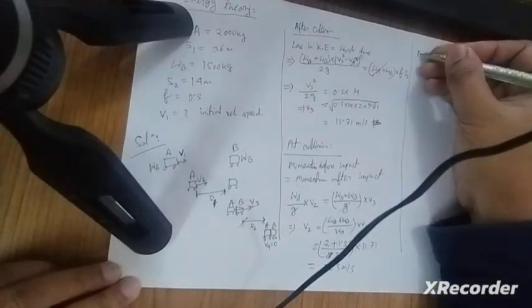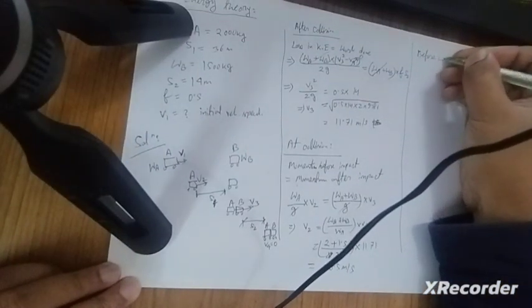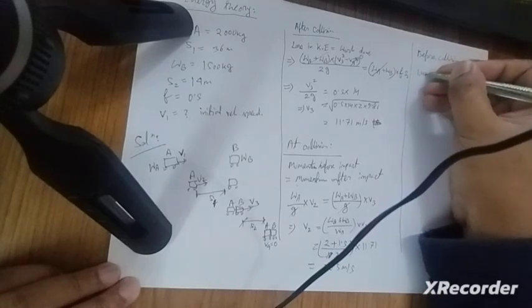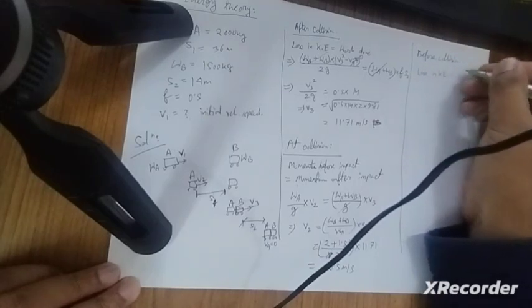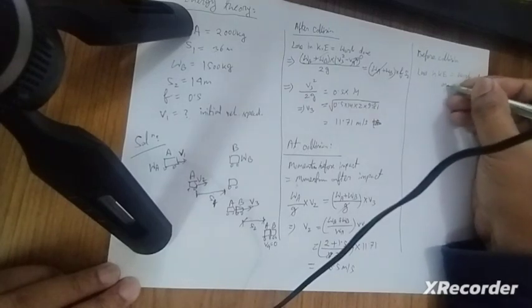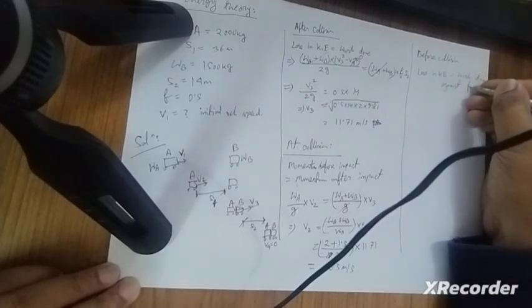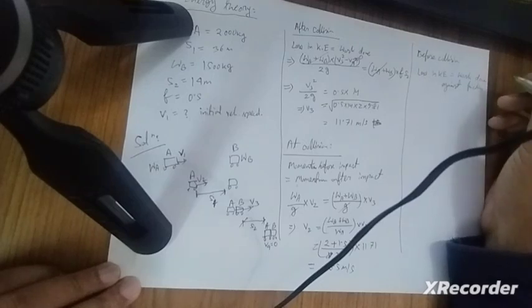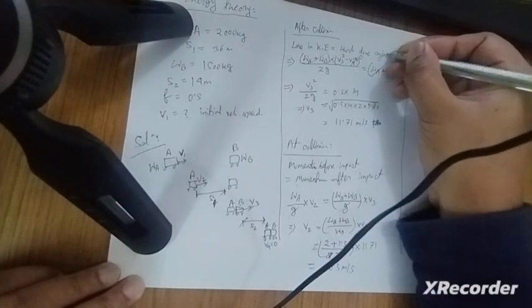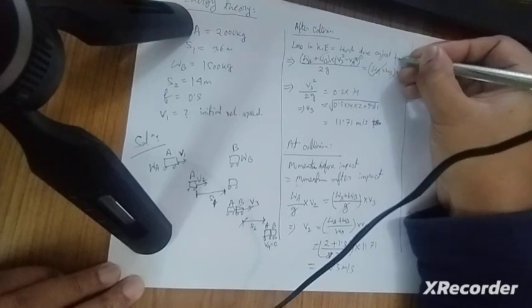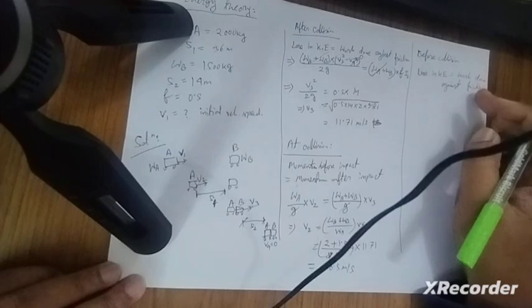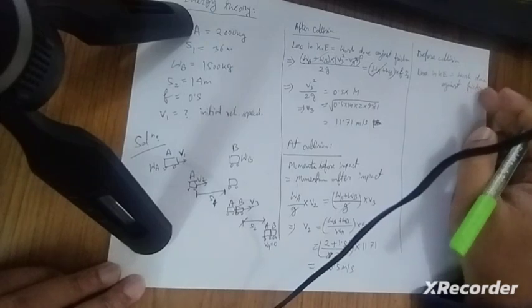Next we have to calculate the before-collision situation. For before collision, again our loss in kinetic energy will be the work done against friction during the brake being applied.